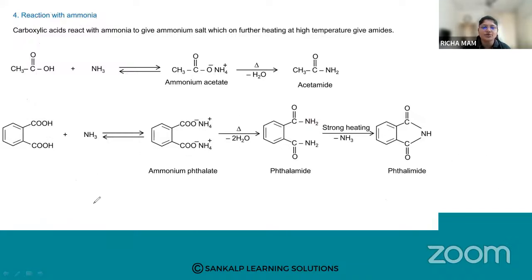Okay, let me show you. Suppose this is your compound. So two carboxylic acid groups are there. To form the ammonium salt, now what I require? I require 2NH3. So with 2NH3, what will be the product obtained?